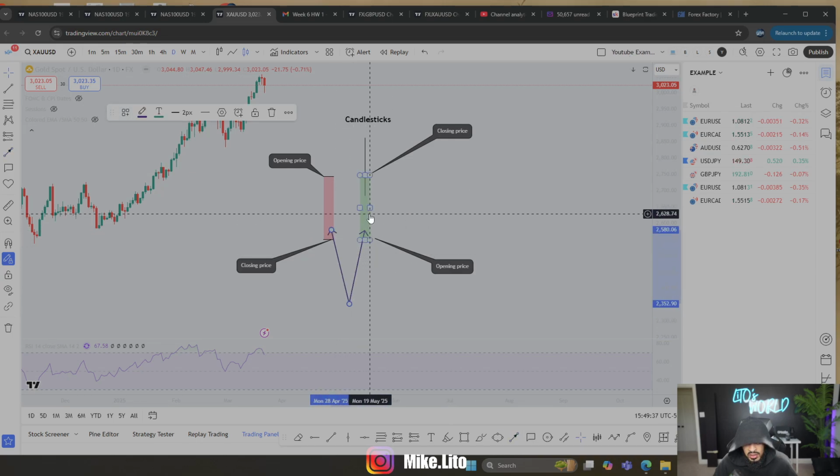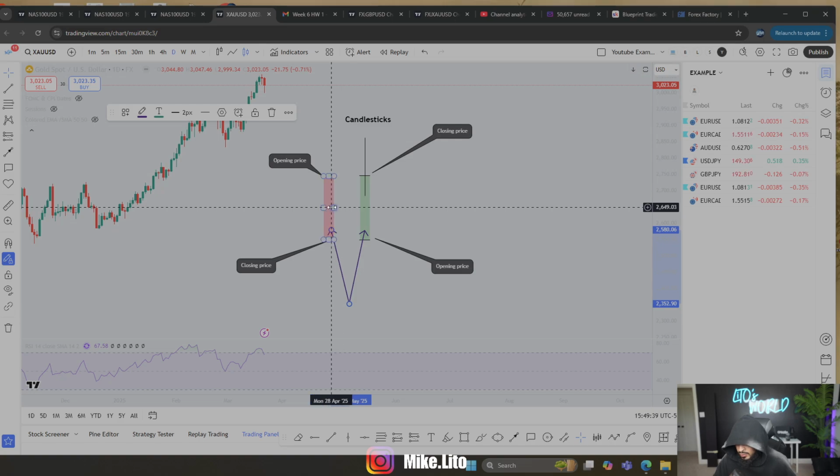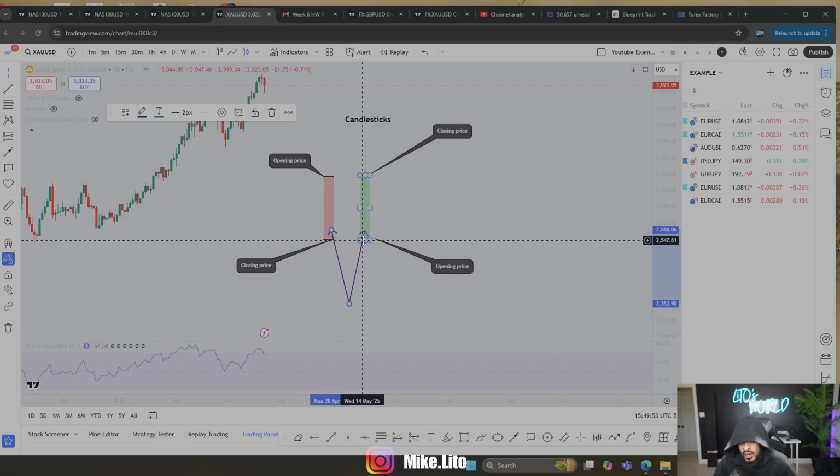So let's just say that this is Friday and this is Thursday. So that means that during the 24-hour period that the market was open on Thursday, this opened at this price point right here and then closed down here within that 24-hour fluctuation. And then on this Friday, this price opened right here and then closed here within this 24-hour fluctuation of price here, right?